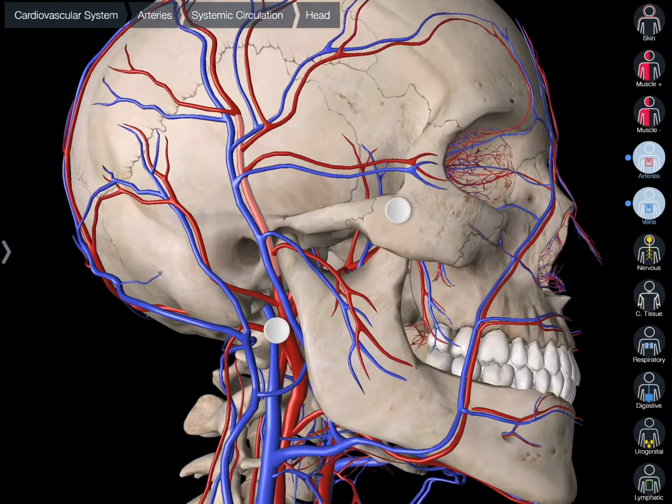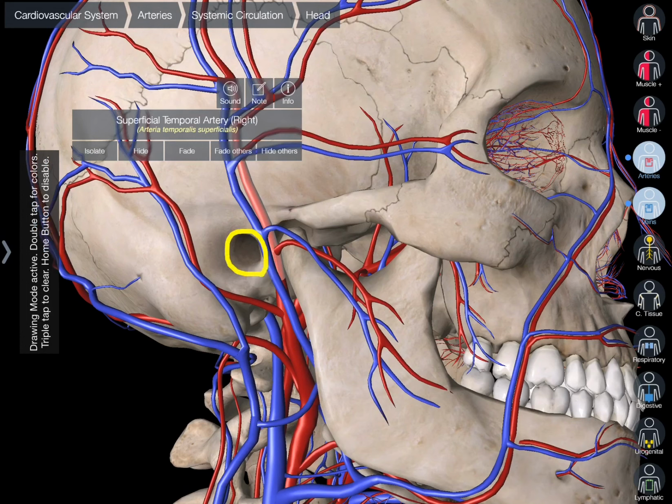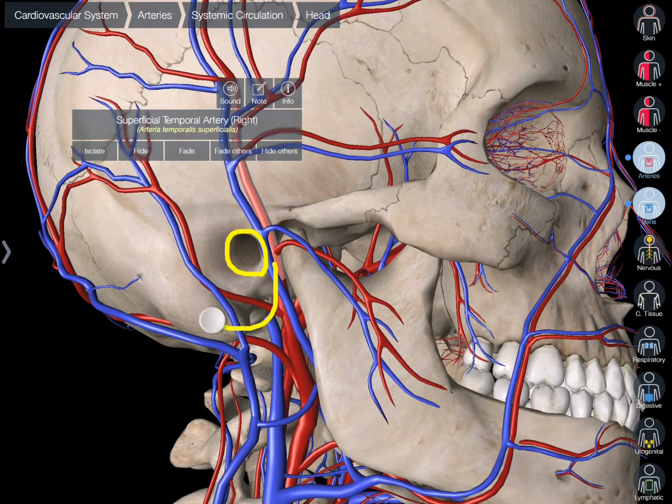Now why is this important? Well, the pulsation of this guy can actually be felt right in front of the auricle. So this is the external acoustic meatus in the temporal bone, and the auricle would be here. So right in front of that we've got the superficial temporal artery.